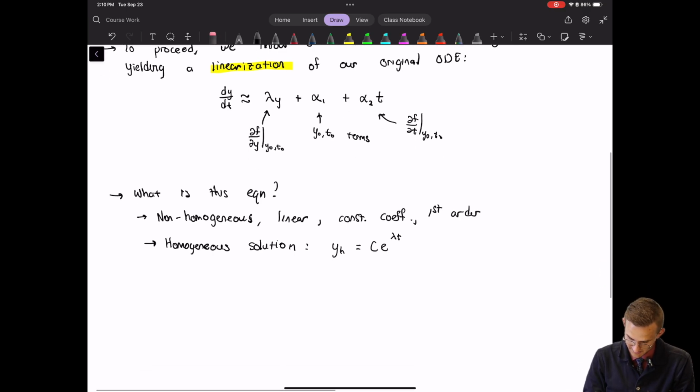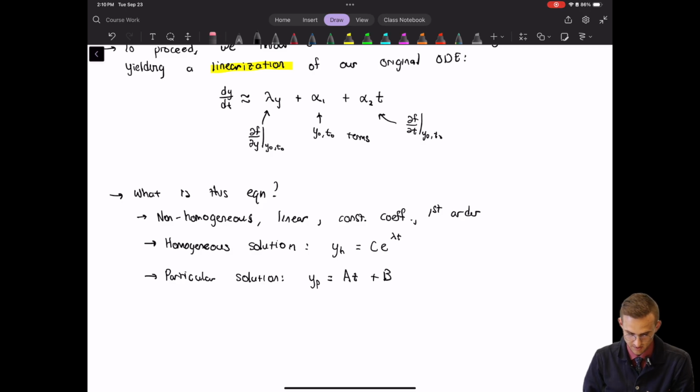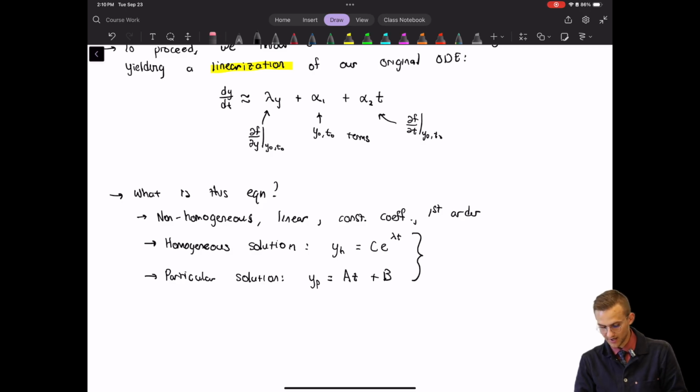And then we know from the method of undetermined coefficients that the particular solution is going to be of the following form, where y_p is equal to some constant times t plus b, right? And so then you look at both of these, so you know that the general solution to this linearized equation is going to be a linear combination of those two solutions.